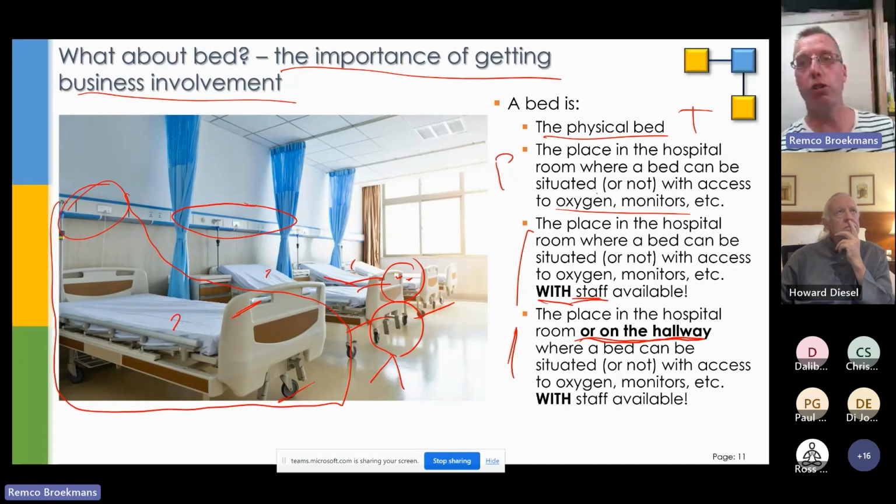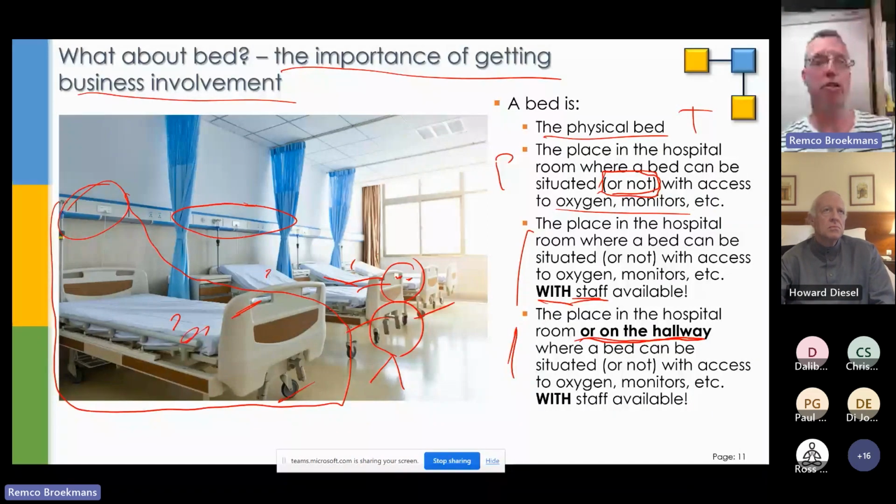And by the way, this is also a fun one, because we end up saying we have a bed, which is a place, and there could be a physical bed, or it can be without a bed.